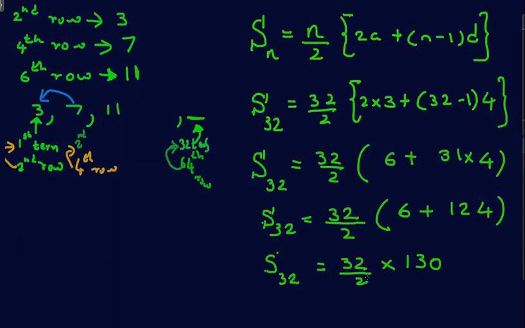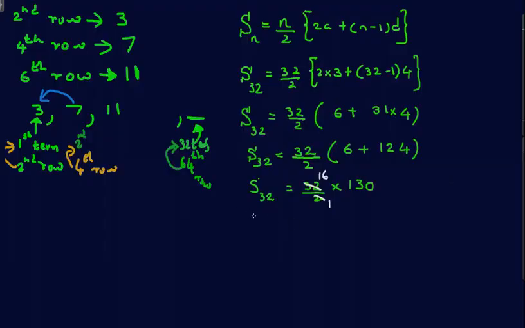You can either cancel 2 and 32 and then do the multiplication, or do the multiplication and then divide by 2. Up to you. 2 has 1 two, and 32 has 16 twos. So now you can calculate what 16 times 130 is.